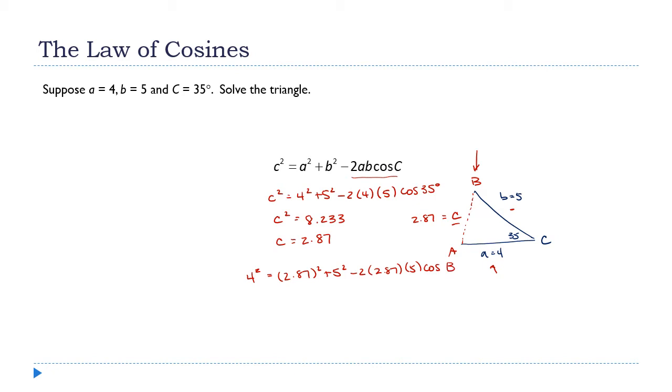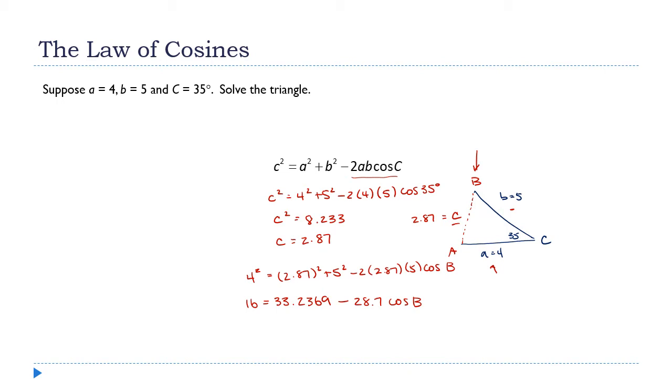Now we go to our calculator. I get 16 equals 33.2369 minus 28.7 cosine B. Now let's move things around.